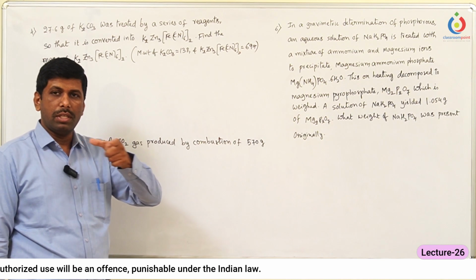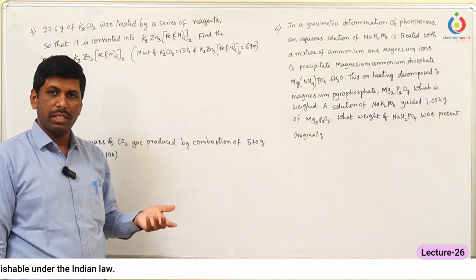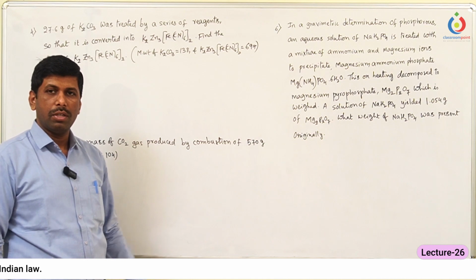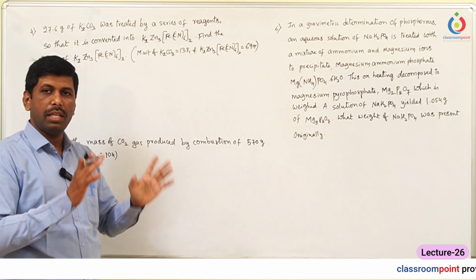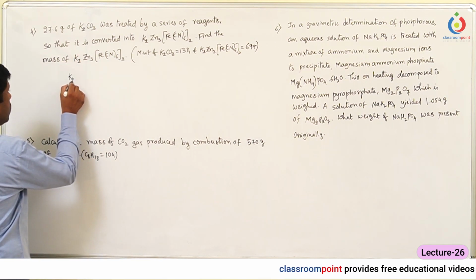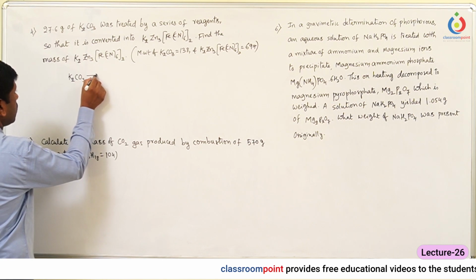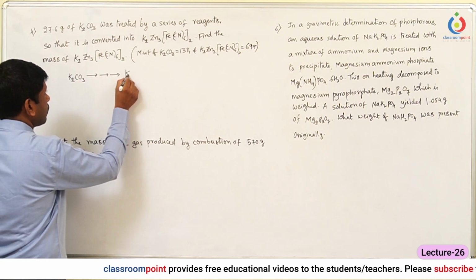Whatever the series of reagents or the number of reactions involved, we don't consider them. We apply POAC directly to the reactant and the product, so that we get the answer directly.